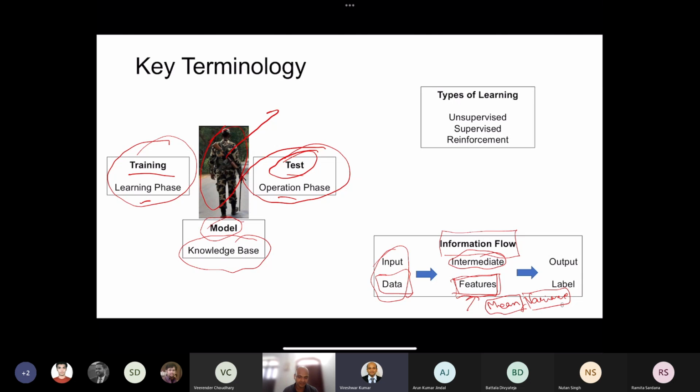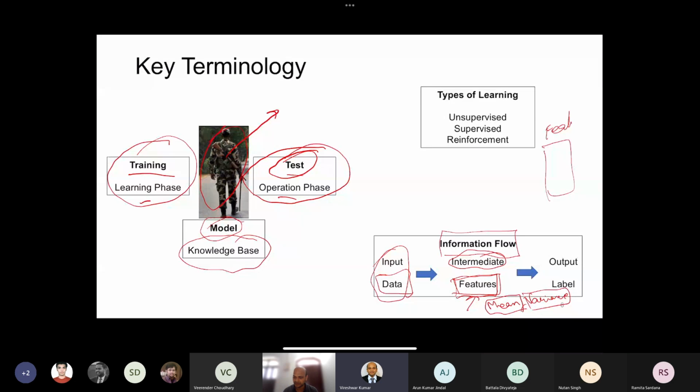Those are some of the things that may be processed by the machine learning algorithm, and therefore we need that intermediate step where we convert different types of inputs into one set of inputs, which are the features.